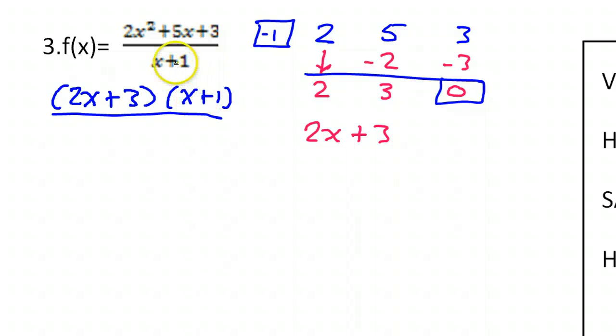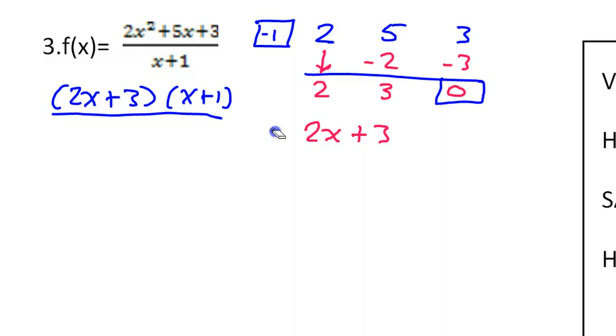The x plus 1 divided in evenly, so that's how we knew, basically. You know how, like we used to do. We used to say that negative 1 gives us a factor of x plus 1, remember? Same thing, we just factored this thing.